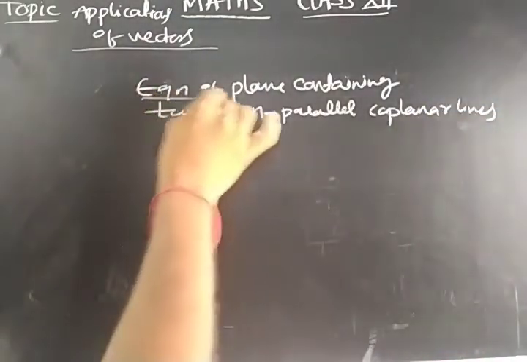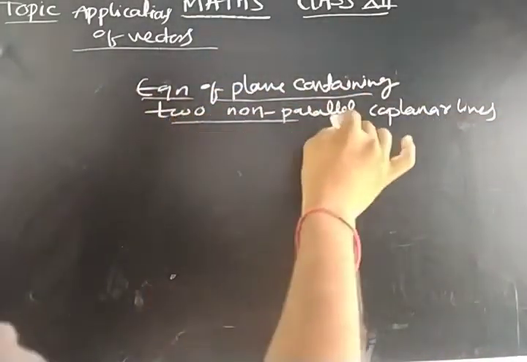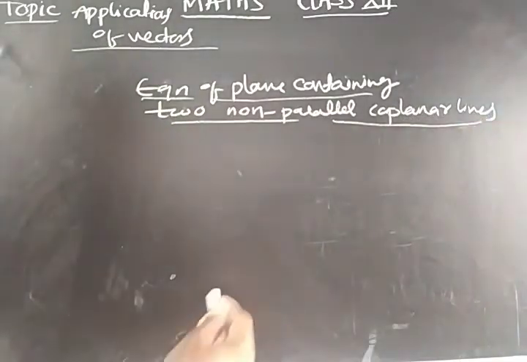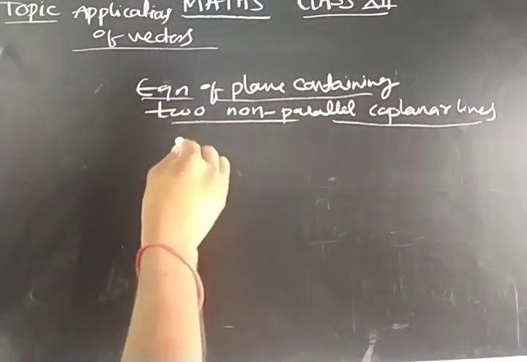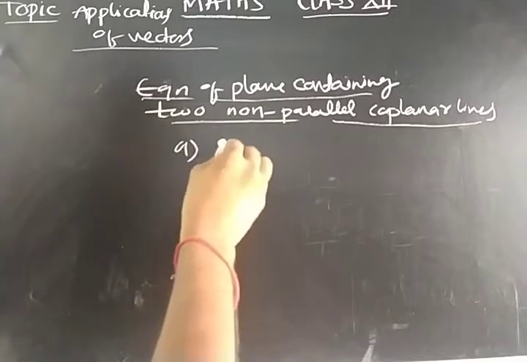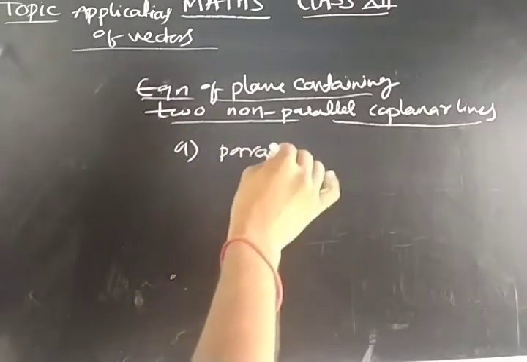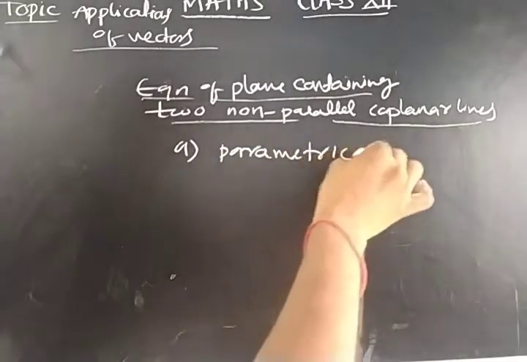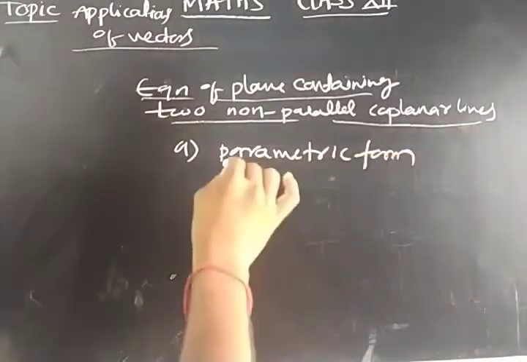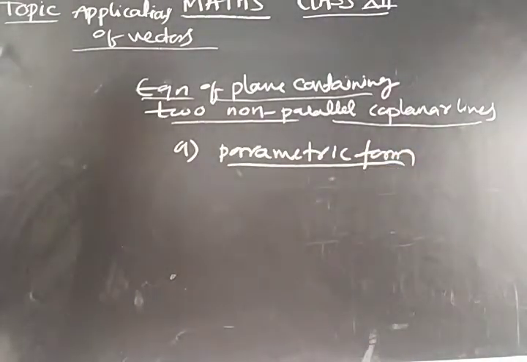What is the equation of the plane containing two coplanar lines, non-parallel but coplanar lines? So in parametric form, what is the formula for the equation of the plane containing two coplanar lines?